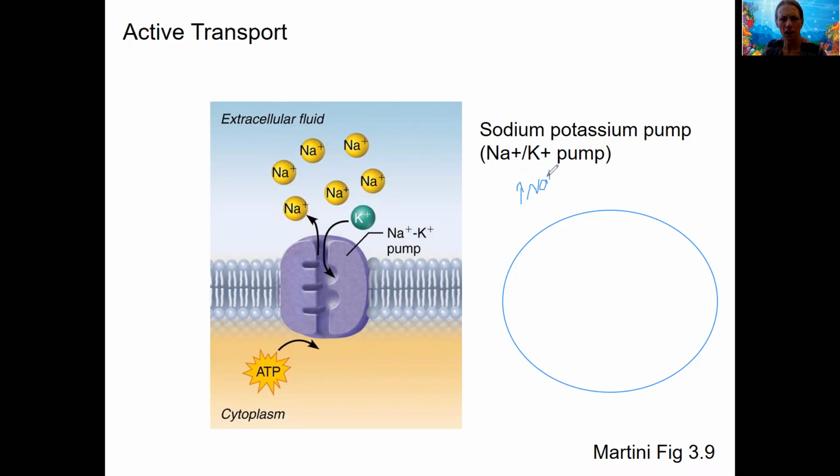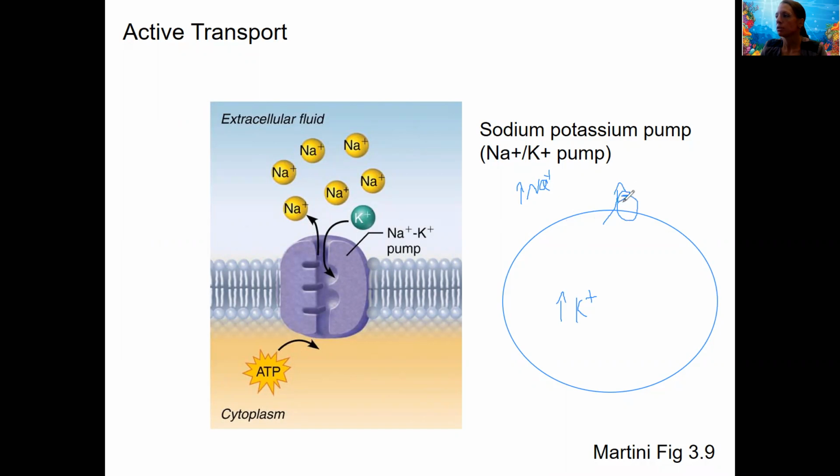That was the graph we just looked at. And high potassium inside the cell compared to outside. If you remember this, it will really help you with a lot of other things this year. So this pump actually is pushing sodium.